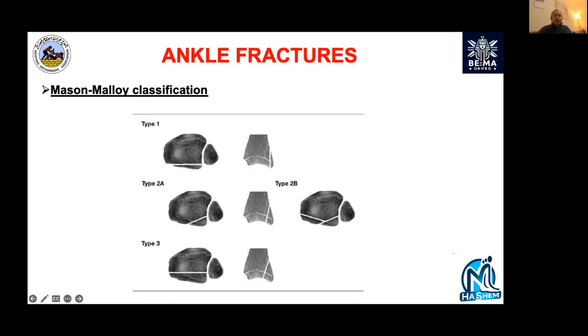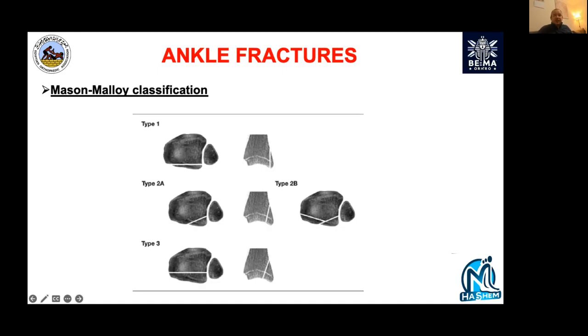Type 2 is a rotation, which they called rotational pilon, when there is a posteromedial and posterolateral fragment because of a rotational injury. Then type 3, which they call axial loading pilon. So: avulsion injury, rotational pilon, and axial loading pilon. In an avulsion injury, just the posterolateral fragment has avulsed. Sometimes it's very small and doesn't need anything to be done for it.